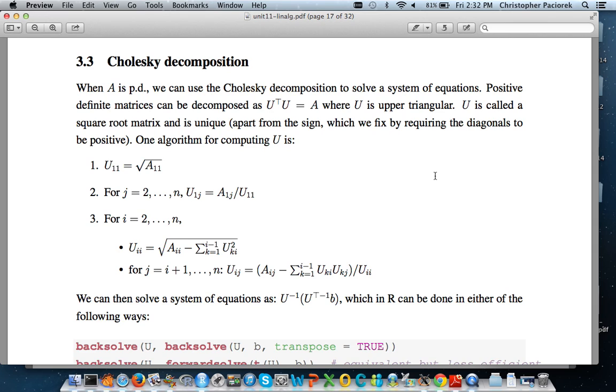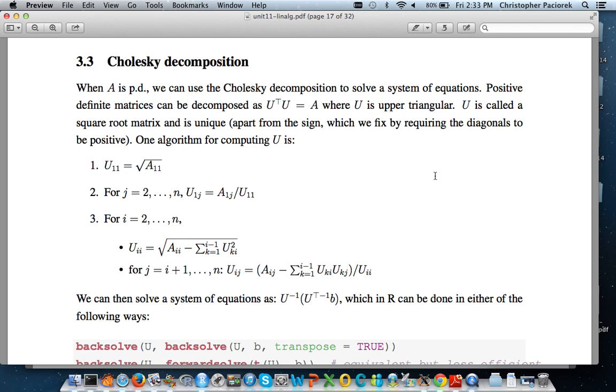Okay, so let's go back to our counting. Again, I have one more square root. How many divisions do I have? N minus 2 divisions, because I have n minus 2 calculations that are like this, and those are the ones that involve division. And how many multiplications do I have?